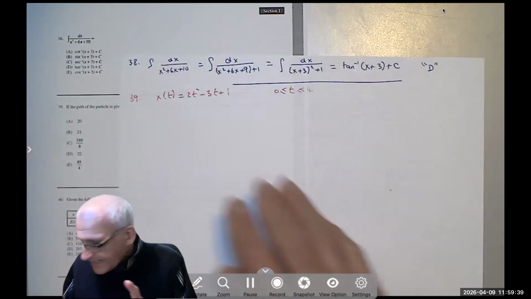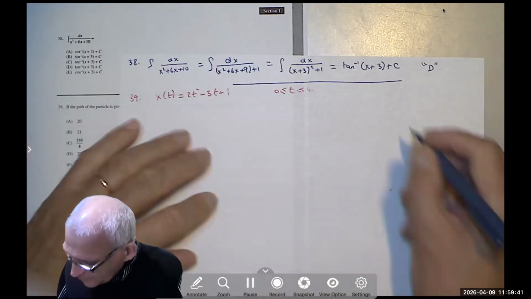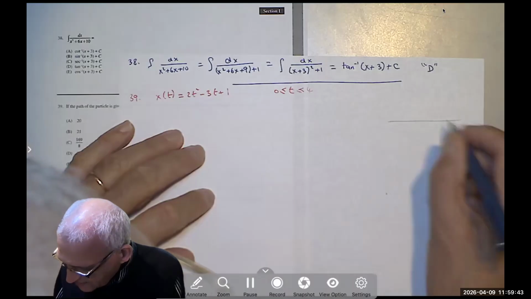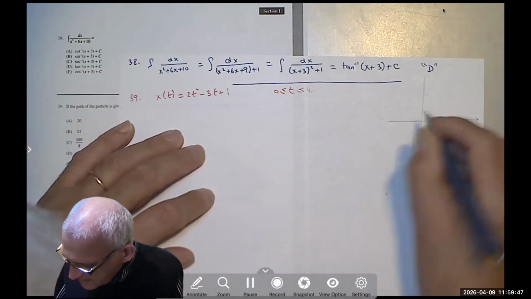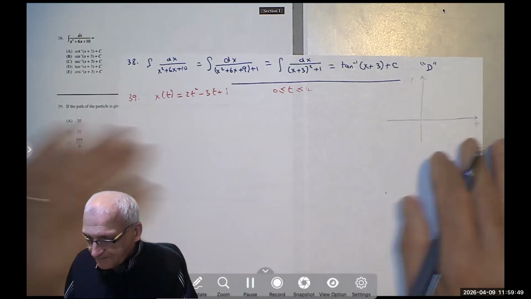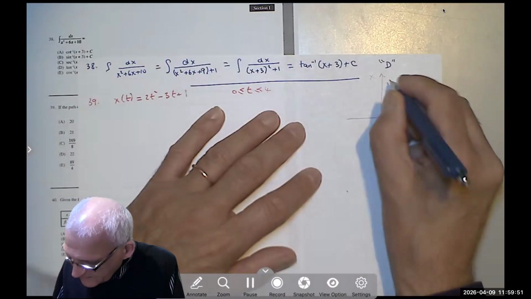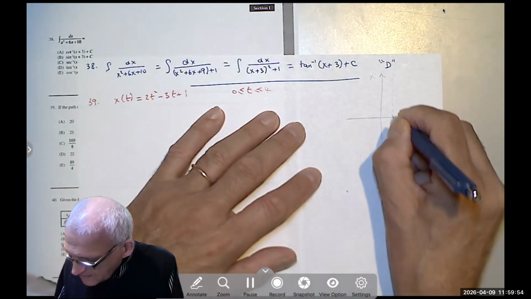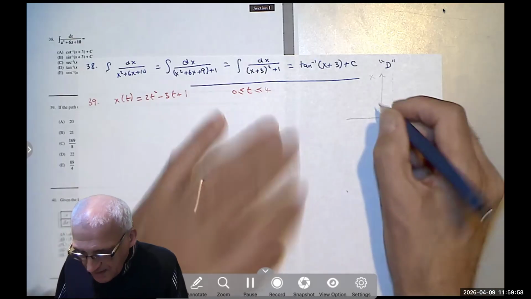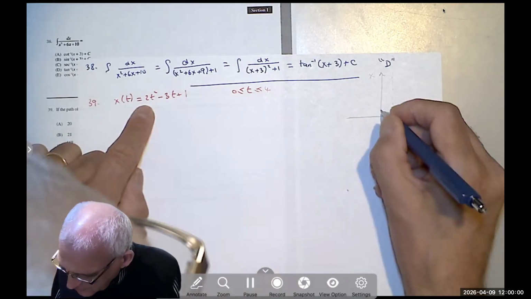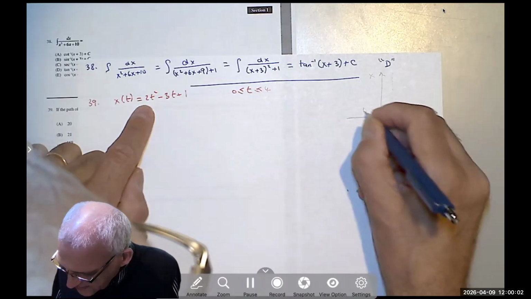So why isn't it correct to do x of 4 minus x of 0? So this is the t, and this is the x. And here is the axis of symmetry at t equals 3/4. At t equals 0, you get x equals 1, so you are here, 0 and 1.